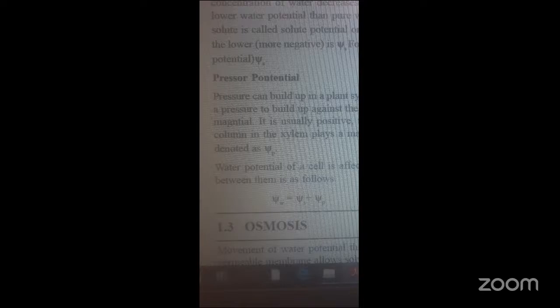So water moves from the region of high chemical potential or concentration to the region of low chemical potential, from high to low, until equilibrium is reached.